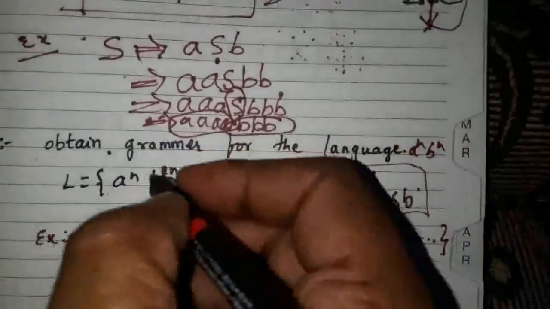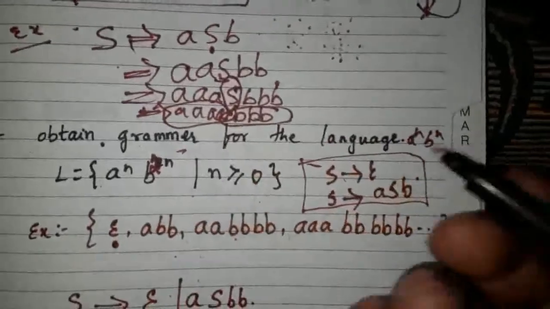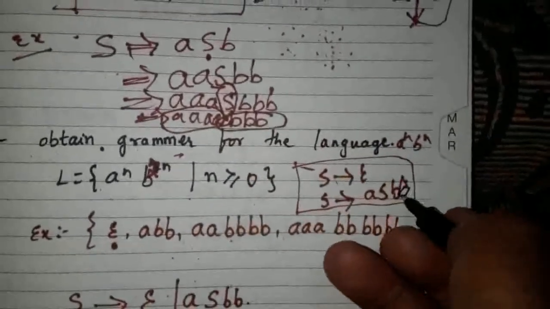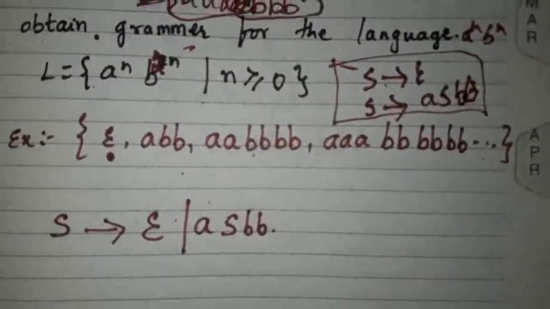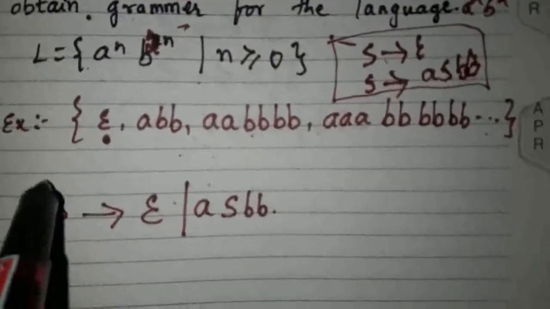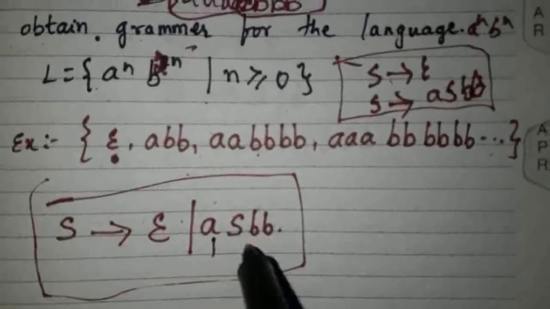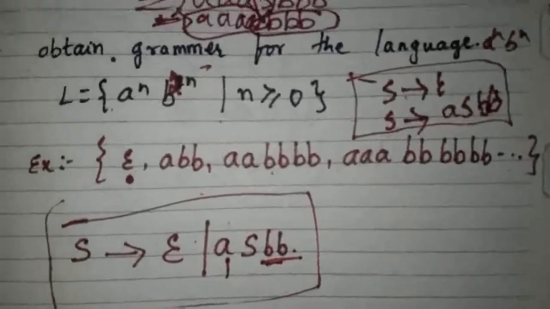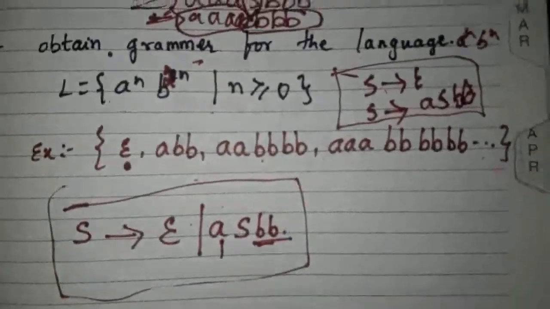Now instead of this, what I have is 2n, right? So the number of b's should be increased by 1. See here, this is the grammar for the given problem, where for every 1 a you have 2 b's. You can do the derivation of it and see whether you get these strings or not.